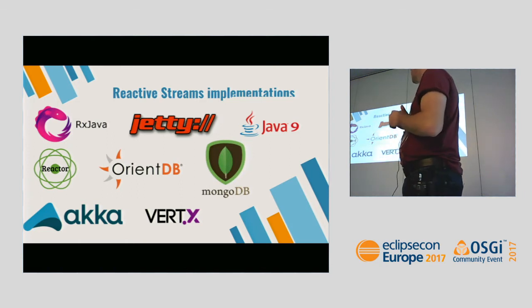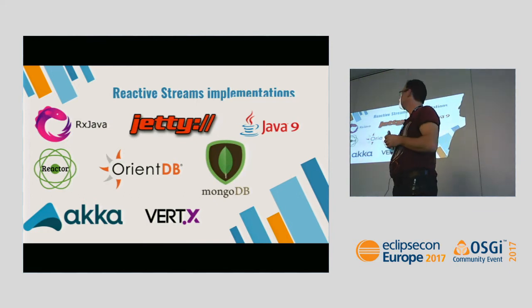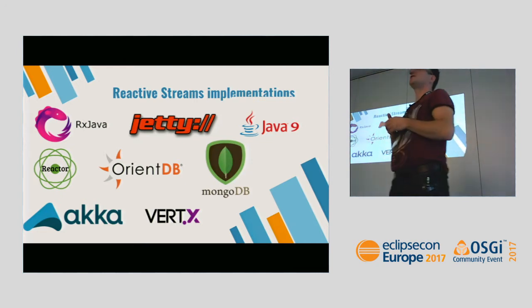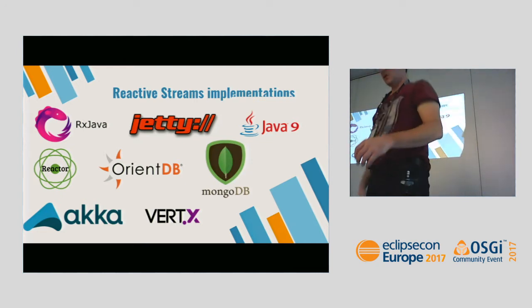There is also Jetty, who has a module for reactive streams. OrientDB, Akka is one of other implementations. Vert.x supports it, MongoDB, and it's also part of Java 9, at least from the API part.